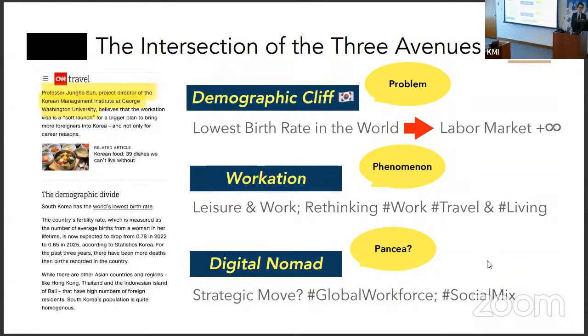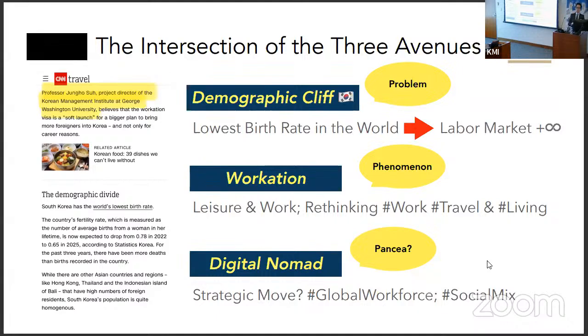right? And number two, phenomena, facts, figures based on the problem, as we analyzed earlier, mainly caused by the demographic crisis. Okay, workation, work and vacation, two words combined in this made-up word. So leisure and work, how to keep the balance between your life and work.